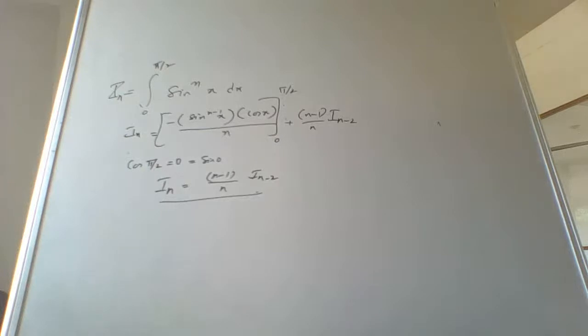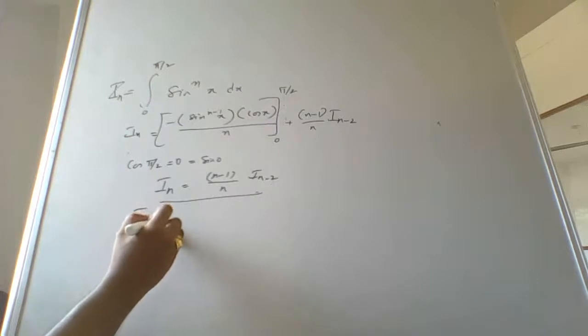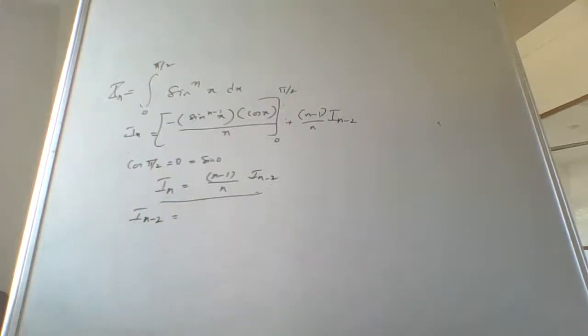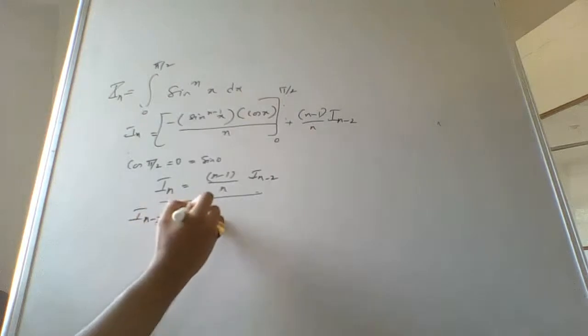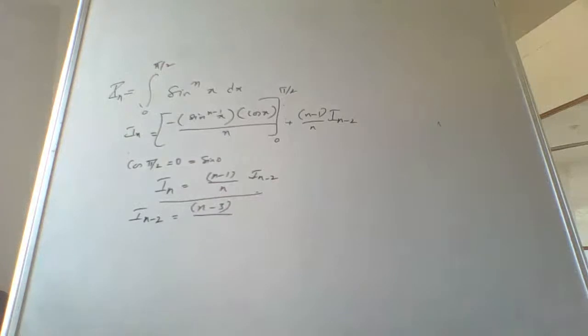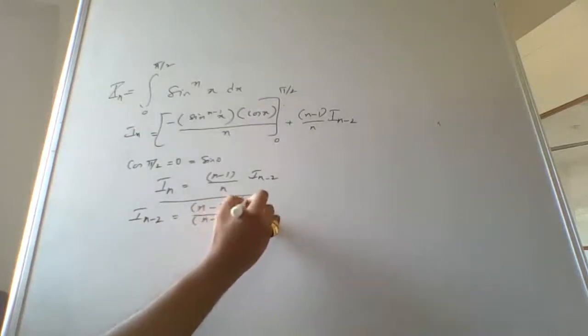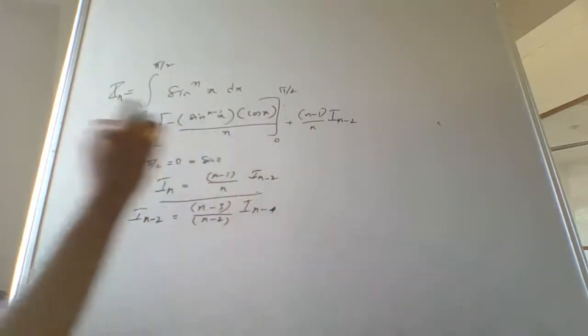Now further, to get I n minus 2, I n minus 4, I n minus 6 and so on, let's try to find that. Suppose I have I n minus 2 for n as n minus 2. So this would be n minus 3 divided by n minus 2, and I got I n minus 4.